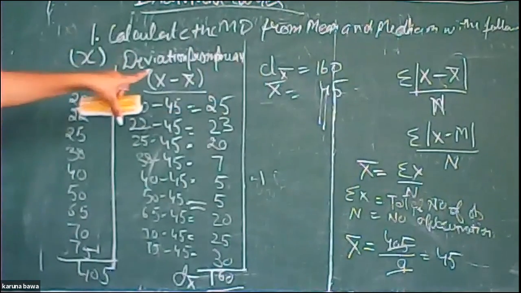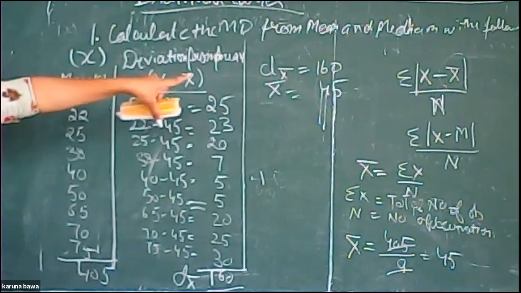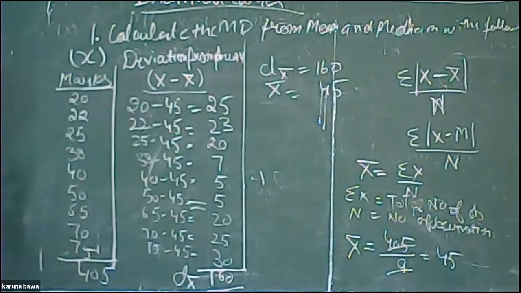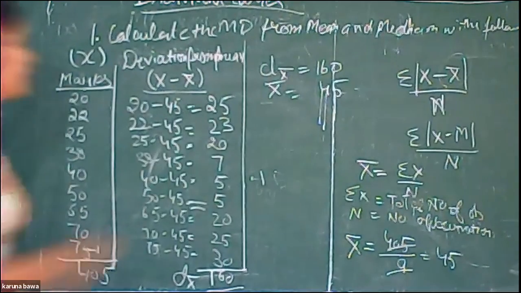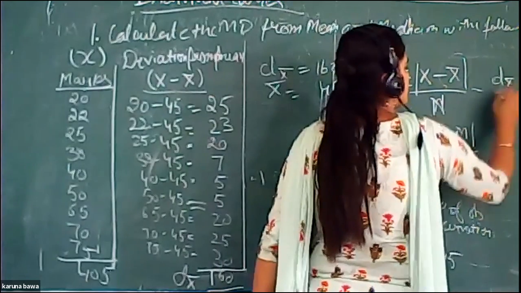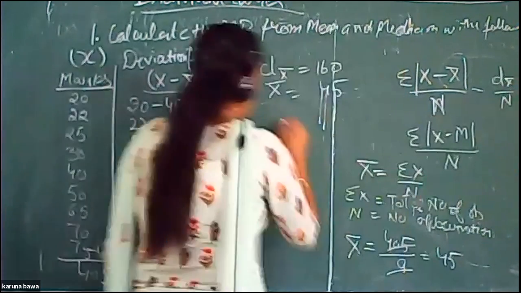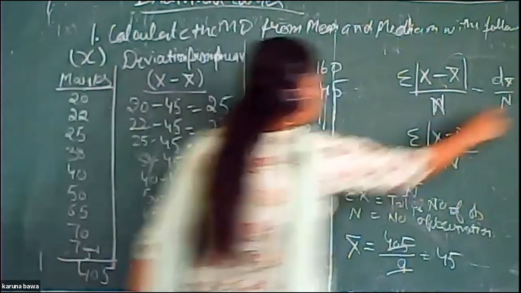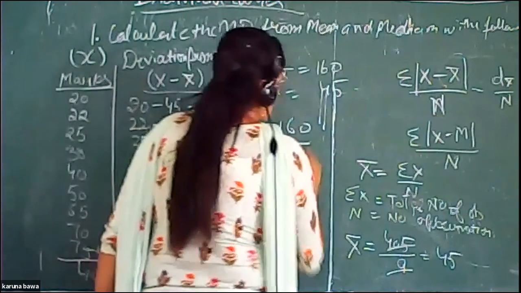Basically, the deviation from mean is 160 and the mean is equal to 45. Mean deviation from mean is 160 divided by the number of observations, which is 9.